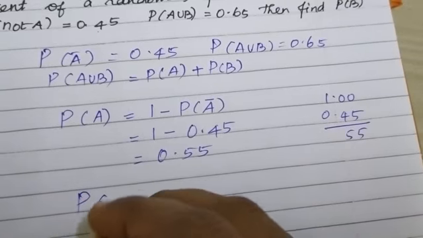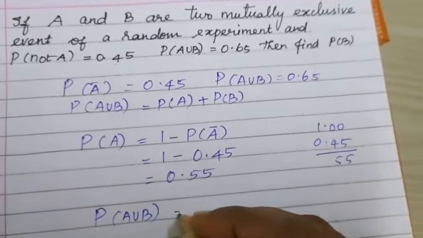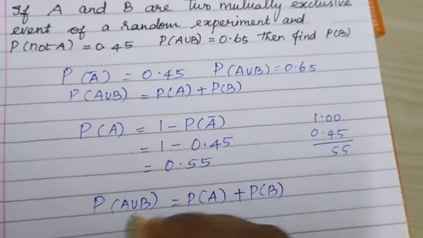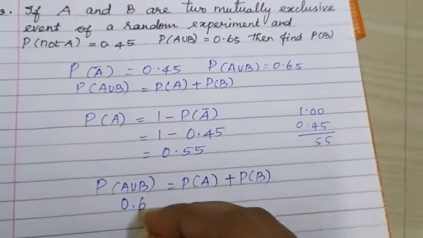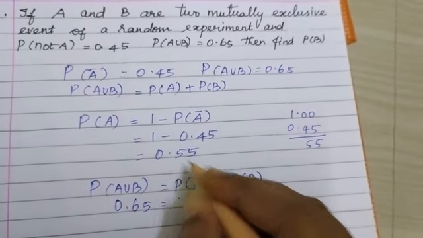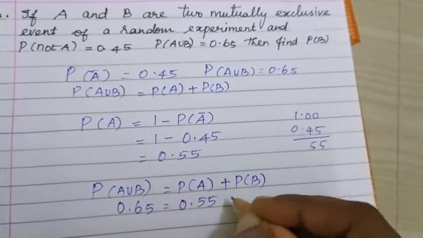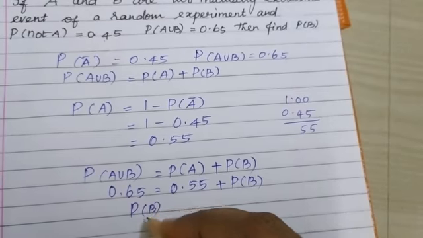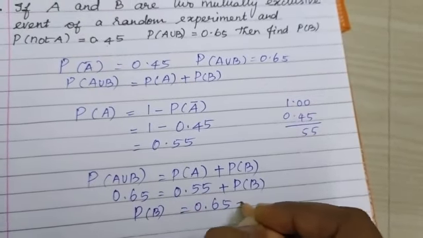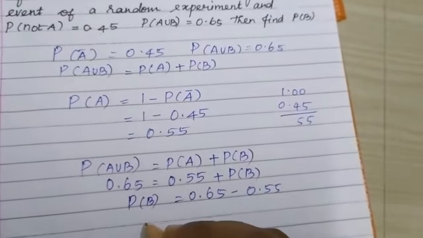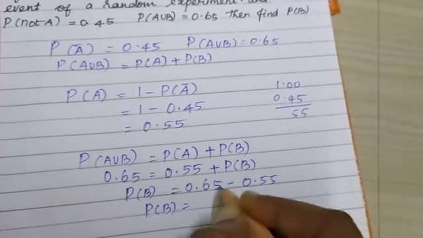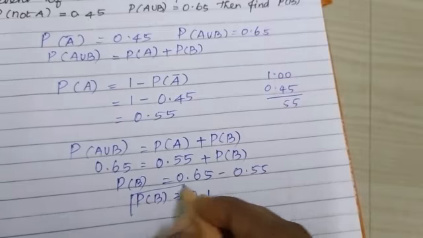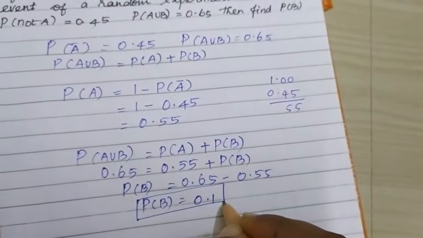So P of A union B is equal to P of A plus P of B. P of A union B is given, so 0.65 is equal to 0.55 plus P of B. So P of B is equal to 0.65 minus 0.55, so P of B is equal to 0.1.